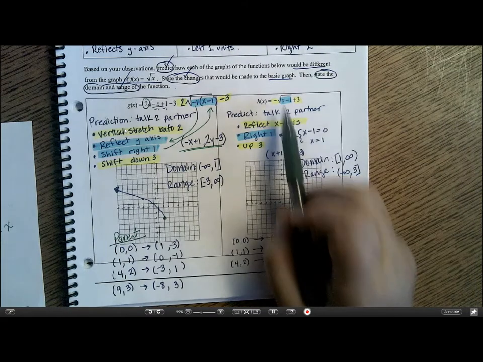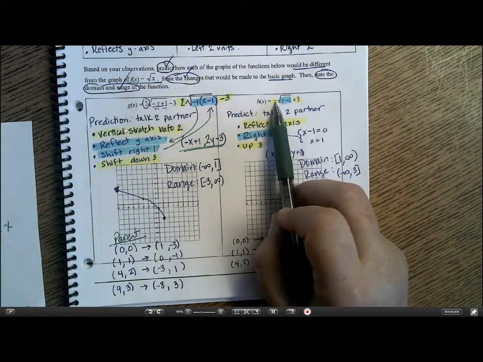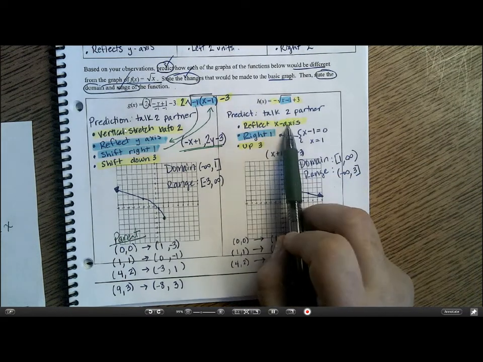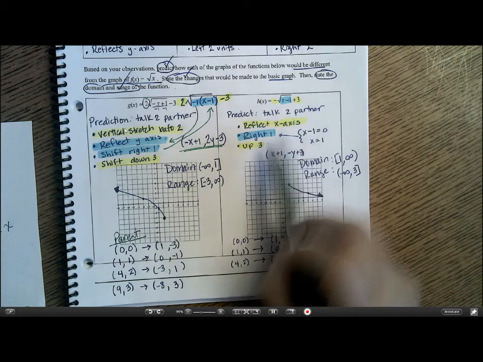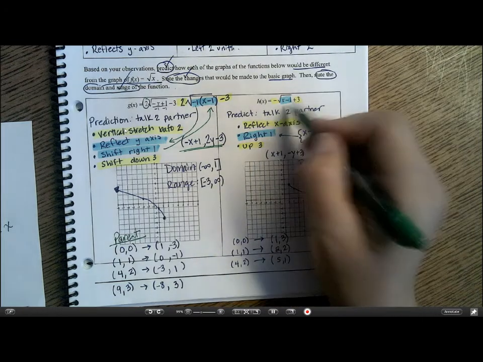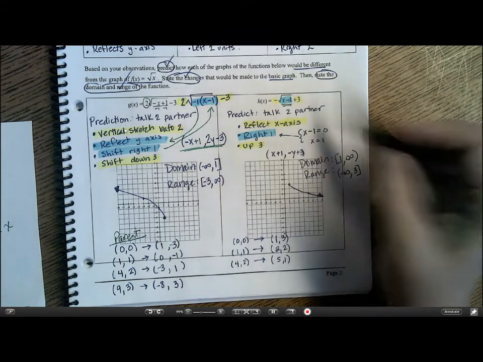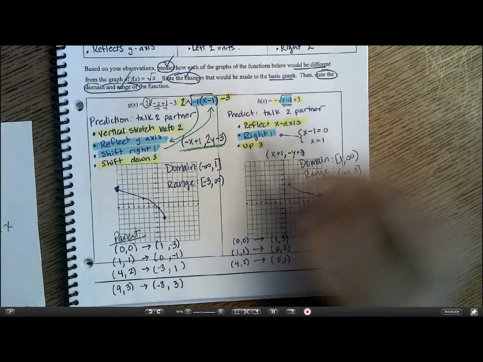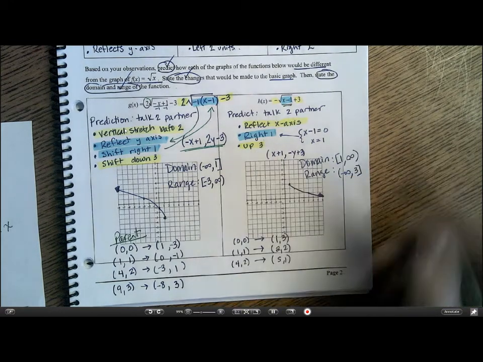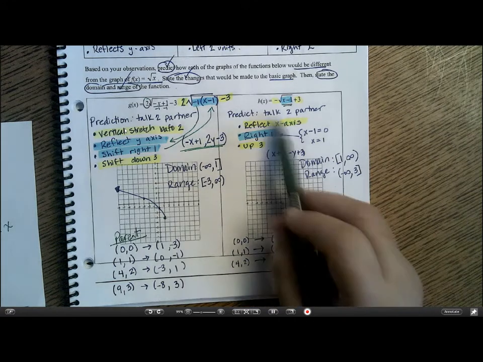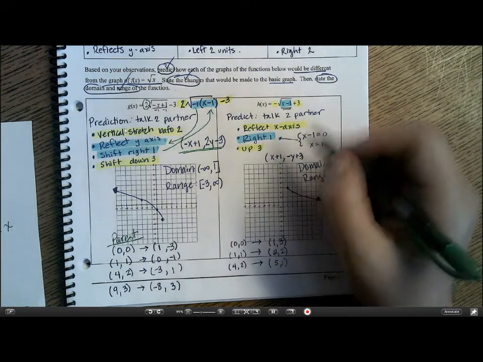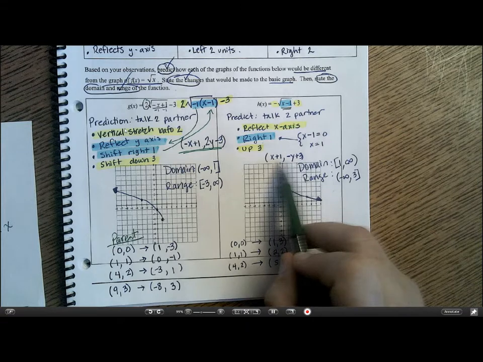So let's take a look at this one. The negative on the outside is the reflection across the x. The +3 is up 3. We are setting the inside equal to 0 to determine the shift, which is right 1. Again, we're taking this language and we are generating the changes to the coordinates.